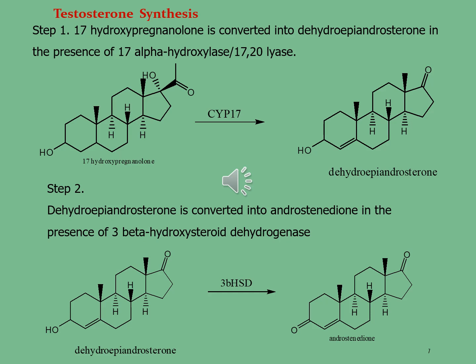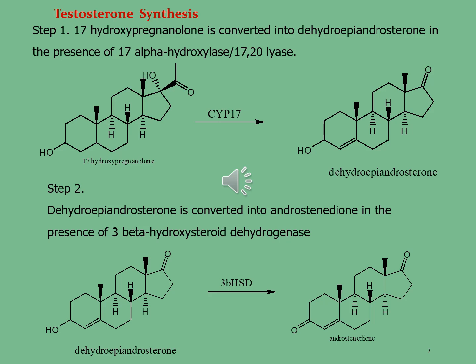So when we see the difference between the structures of these two molecules, you can see over here there is just the 17 position carbonyl, the hydroxyl group at carbon 3 position, and the double bond at carbon 4 position in the first intermediate molecule.